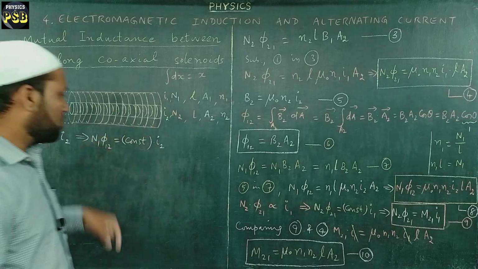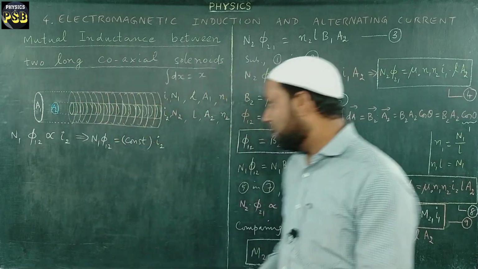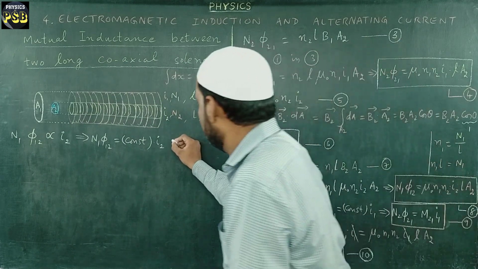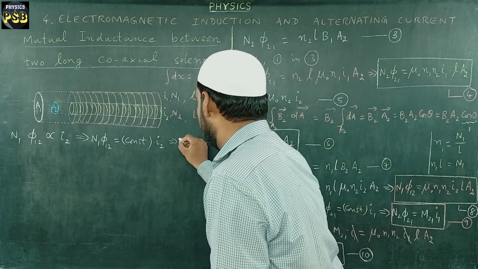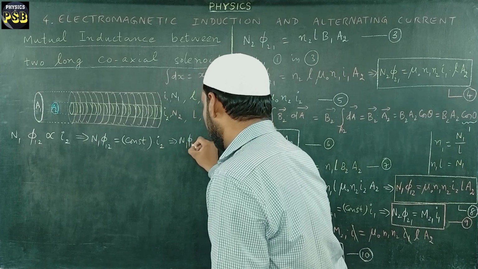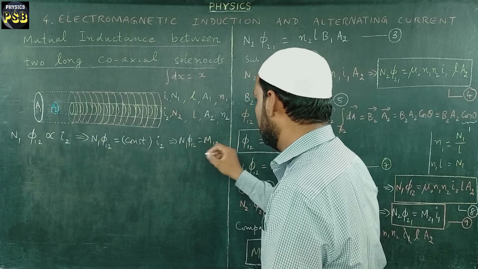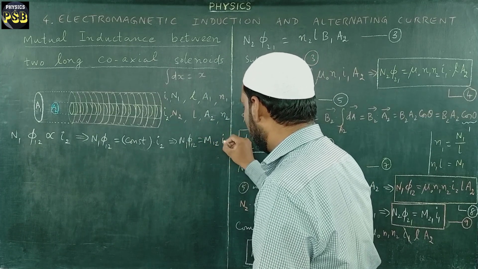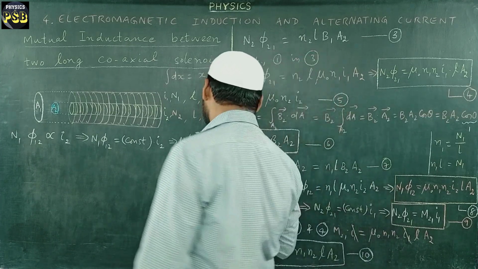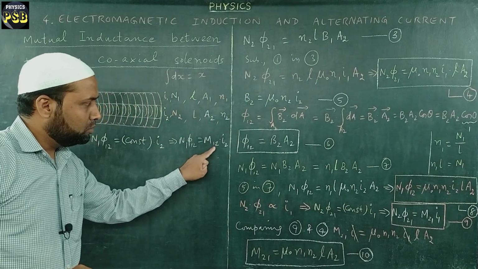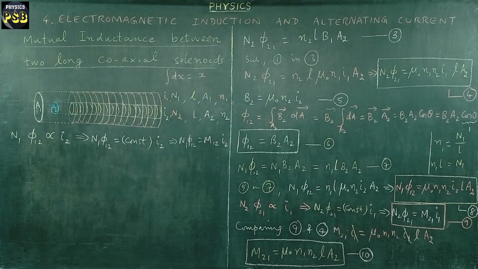Now I name this constant as M12. This is N1 φ12 equals M12 multiplied with I2. Here M12 is nothing but mutual inductance of solenoid 1 with respect to solenoid 2.